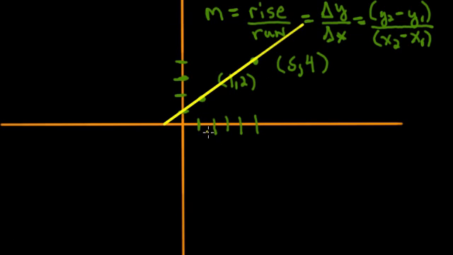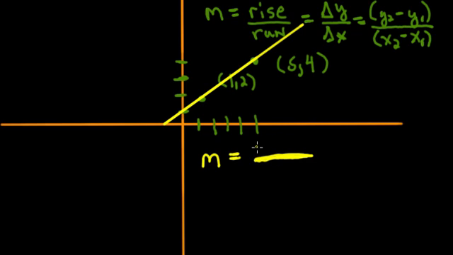So there's my line. And that line has a slope that's given by this m variable, which is the difference of, I'll make 5, 4 my second point, and 1, 2 my first point.